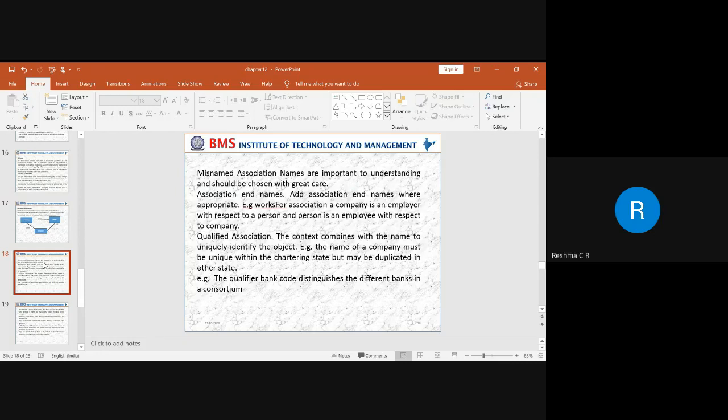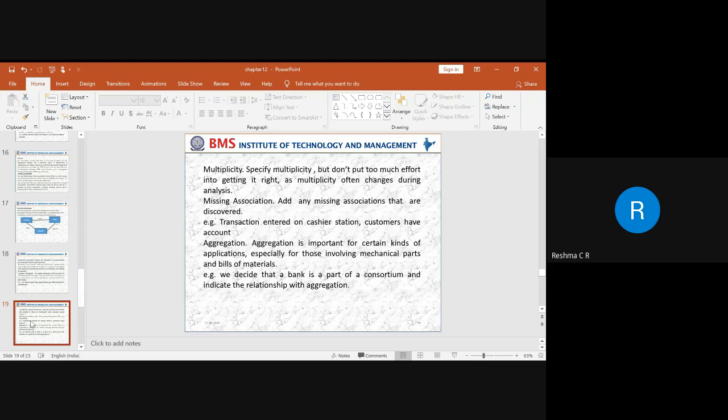So here bank code can be a qualifier with respect to the different bank consortium, where we can easily identify the bank name and branch. There we are indicating a qualifier.